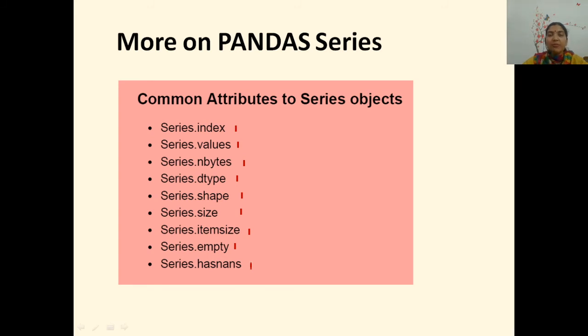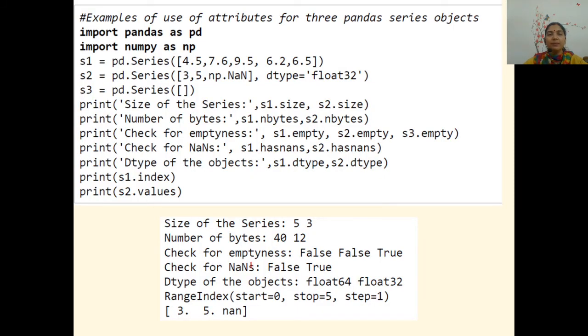So let us see them with an example. I am trying to show you so many attributes in one or two examples. For example, I have one series here, S1, another series here, S2, and a third series here, S3. S3 is an empty series, S2 contains one NaN value, and S1 is a complete series with a few values.